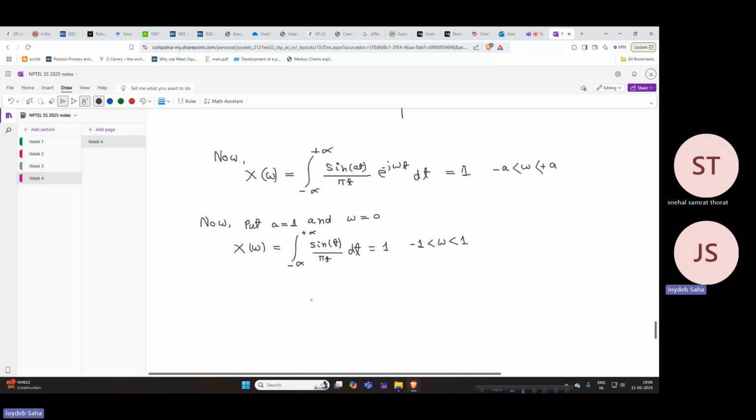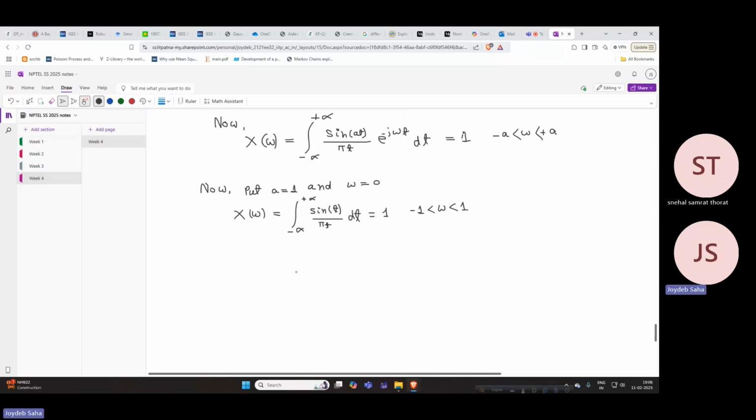So can we write that if we multiply pi on both sides, the integral from minus infinity to plus infinity of sin t upon t dt will be pi?